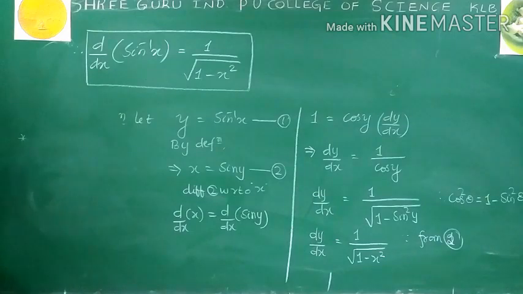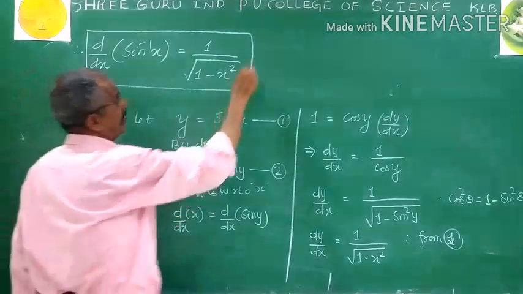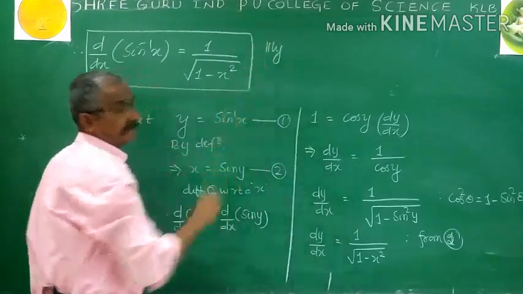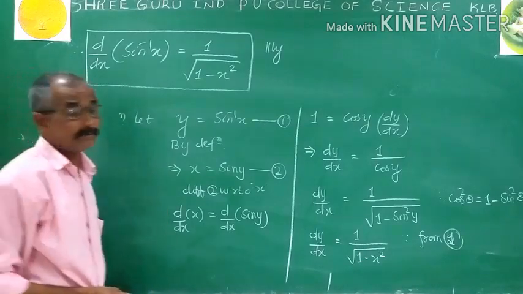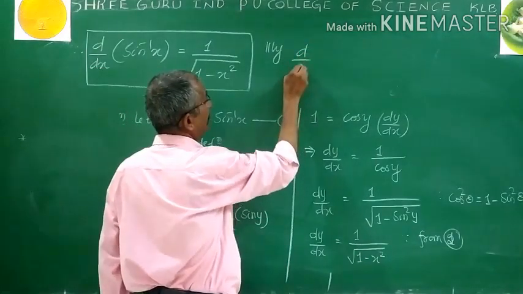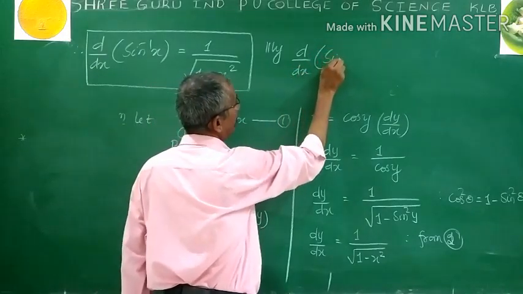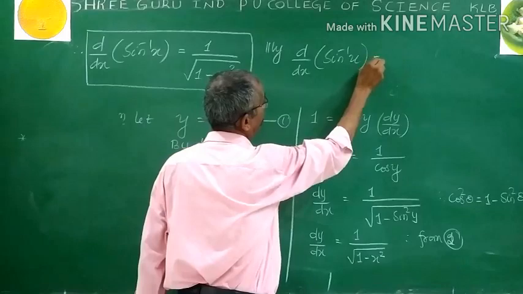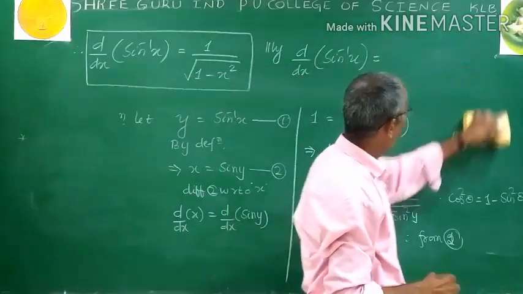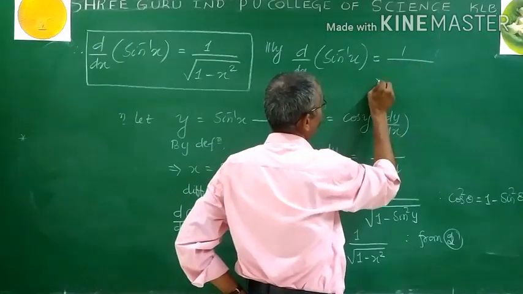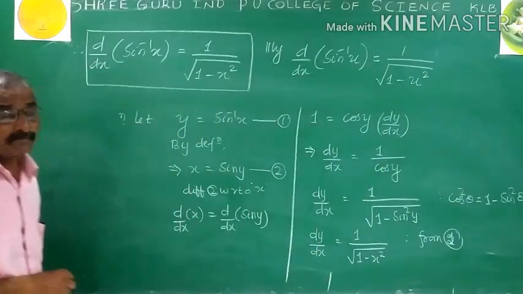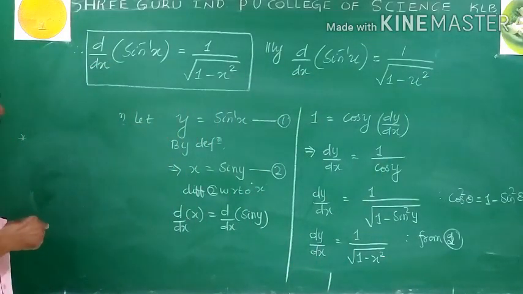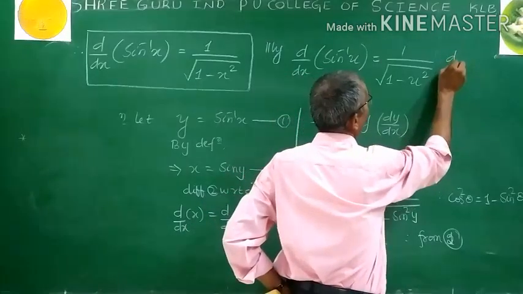Now this formula can be extended to composite functions. Let's write the same formula in composite function manner. Similarly, it is the extension formula of differentiation of sin inverse of x. D by dx of sin inverse u, the derivative of sin inverse u, is given by 1 by square root of 1 minus u square, multiplied by du by dx, because u is a function of x and because of composite function differentiation.